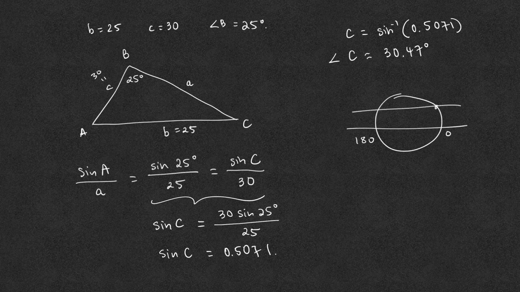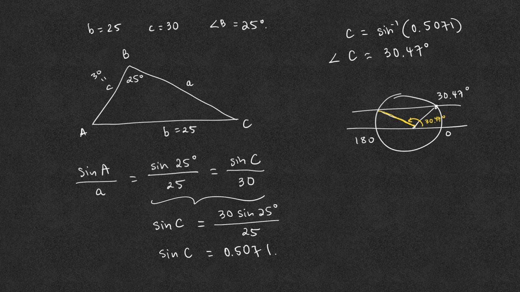We found one already, 30.47 degrees. There is another angle whose sine is also 0.5071. This angle that we found is in the first quadrant because we use the inverse function. If we want the second angle, which is still less than 180 degrees, any angle that is less than 180 degrees is potentially an angle in a triangle.